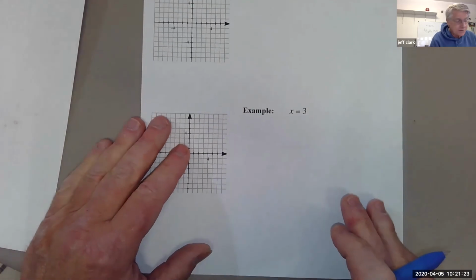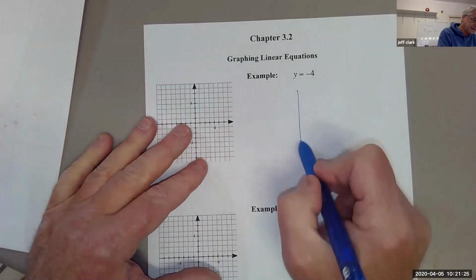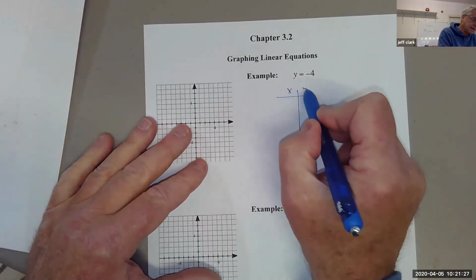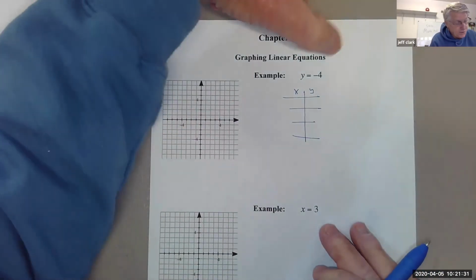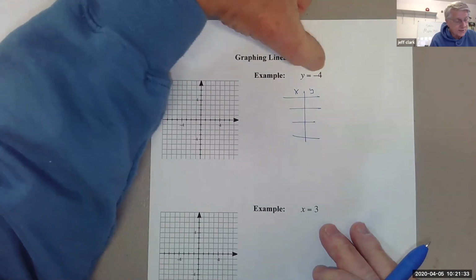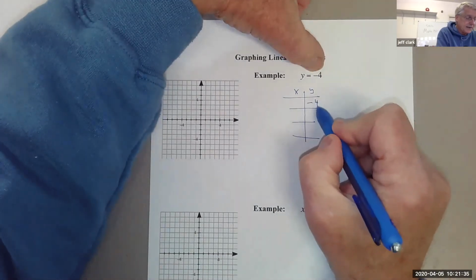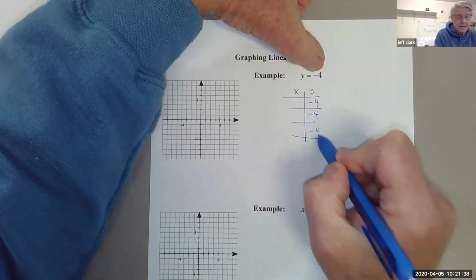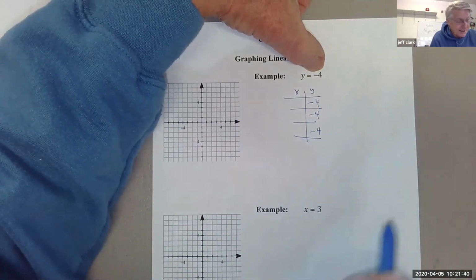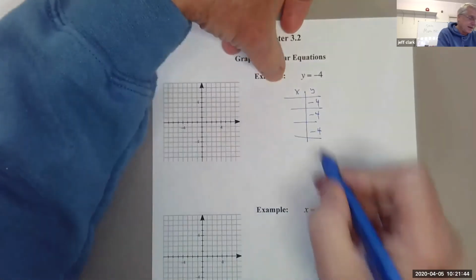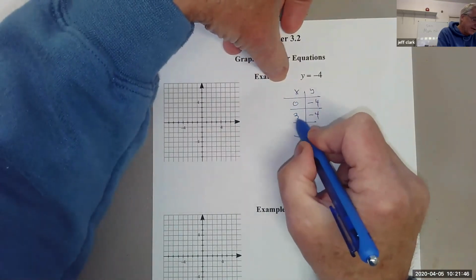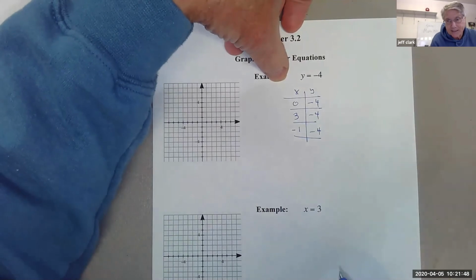Last 2 problems. Okay, these are the special ones. You see how y equals negative 4? Just stick it right there, y equals negative 4, and you get to pick anything you want for x. How about 0, 3, and negative 1, just for the heck of it.